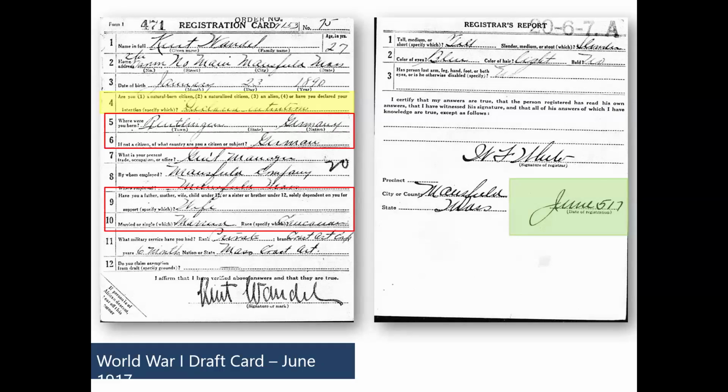This was the very first card ever done in that particular draft, and that one was dated June 5th of 1917. I have highlighted question 4, which had to do with his naturalization status or his citizenship. Question 5 had to do with where he was born. And then questions 9 and 10 indicate his marital status, etc.